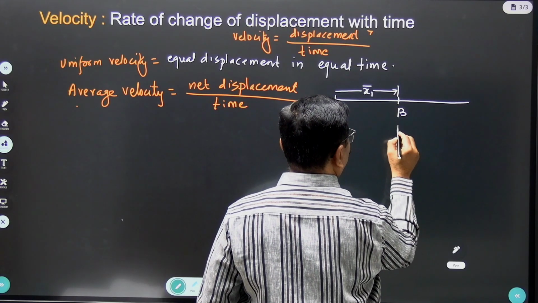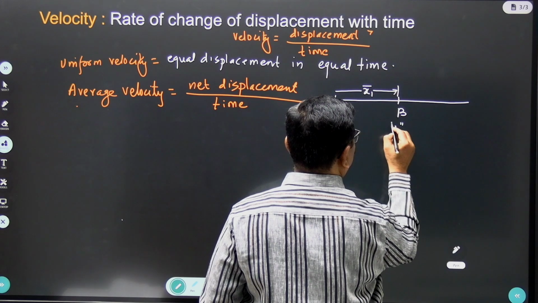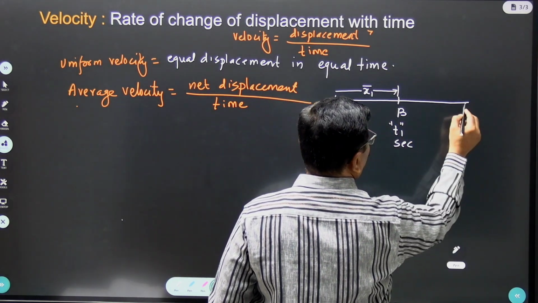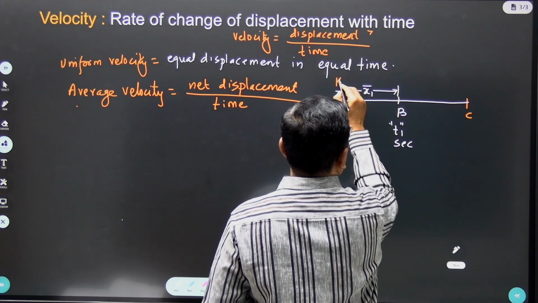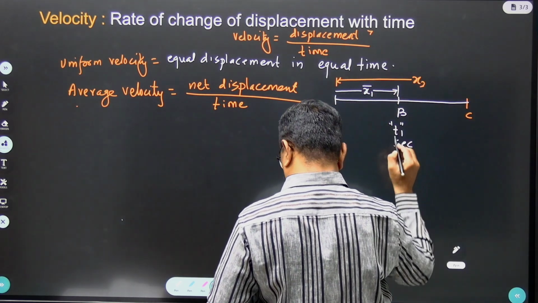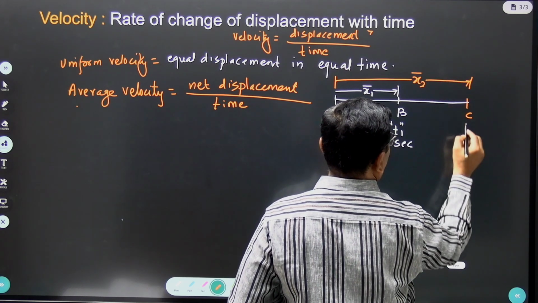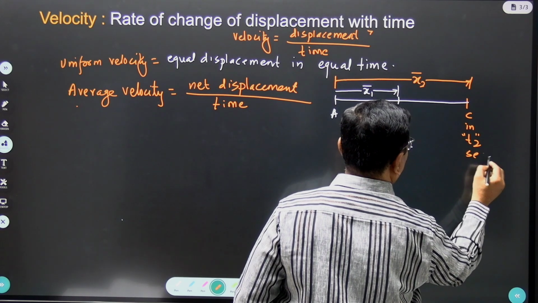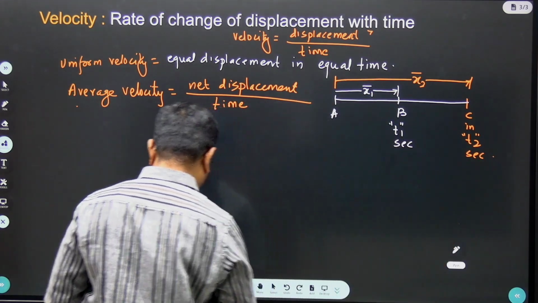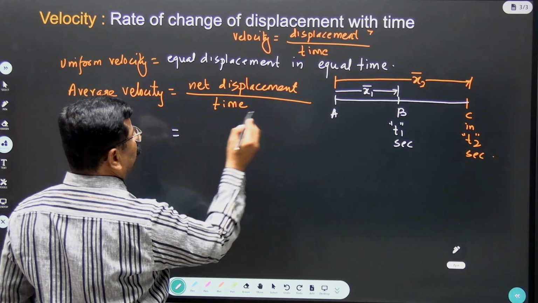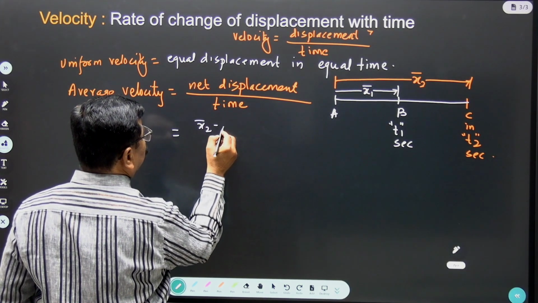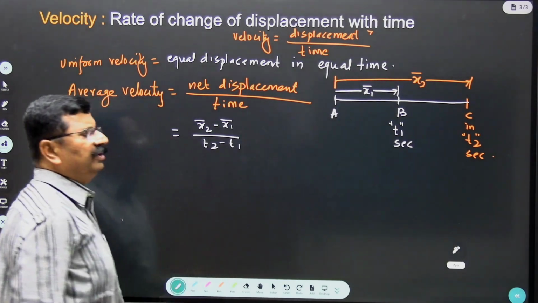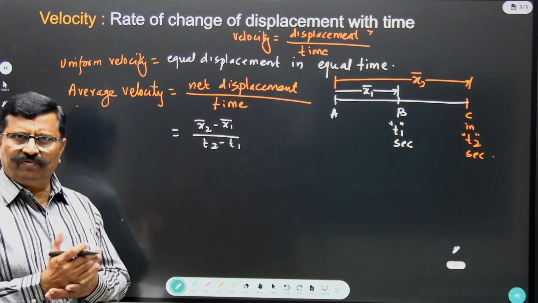The body reaches point B in t1 seconds, and the body moves further and covers displacement x2 in t2 seconds. Therefore the average velocity will be written as final displacement minus initial displacement divided by t2 minus t1. So this will give you the average velocity.